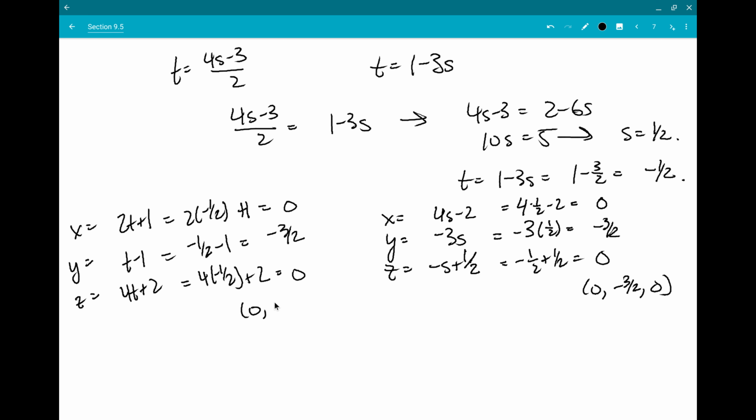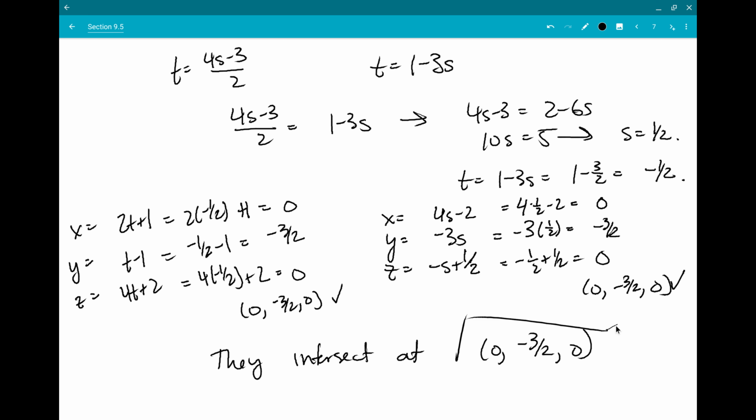So that's the point (0, -3/2, 0), and they're the same thing. That's great. All my math worked out, and I can now say they intersect at (0, -3/2, 0). That's my answer to the question, where do those two lines intersect?